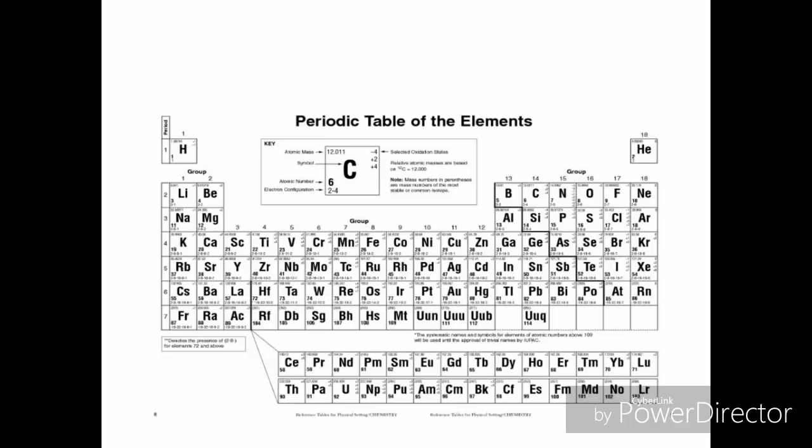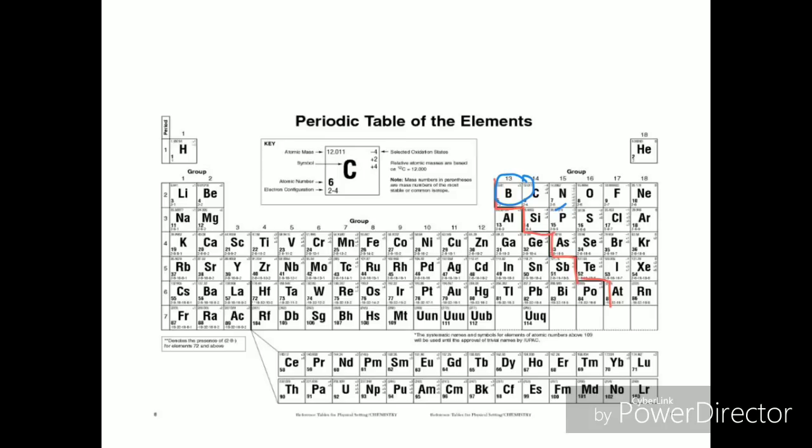Now, to identify the location of the metalloids on our periodic table, we're going to look on our reference table for this bold line. And elements that touch this bold line on 2 sides, so that means that you have to have both a horizontal and a vertical bold line touching your box, are considered metalloids. So here you can see that boron is a metalloid because it has both the vertical and the horizontal line.